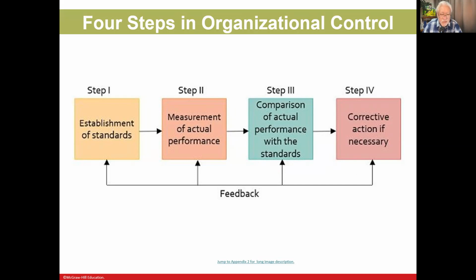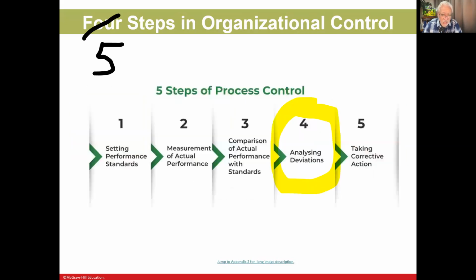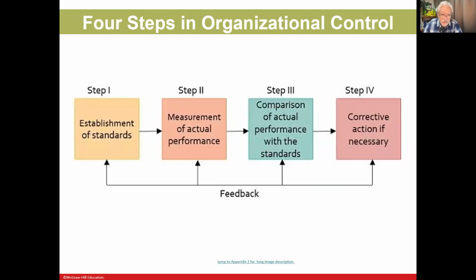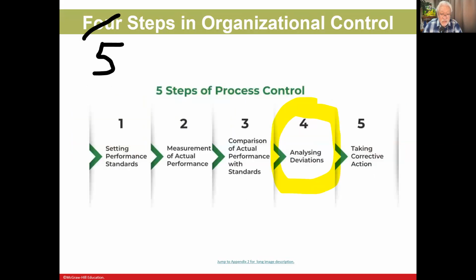Okay. Now, there are alternative sketches and diagrams for you. I've said here's a 5-step one, and whereas the previous 4-step process doesn't include the action of analyzing deviations, where that's not being explained or emphasized, this particular sketch diagram does.